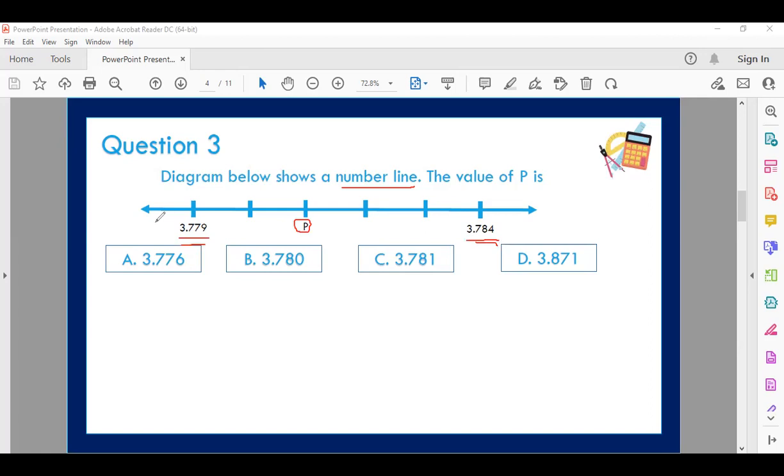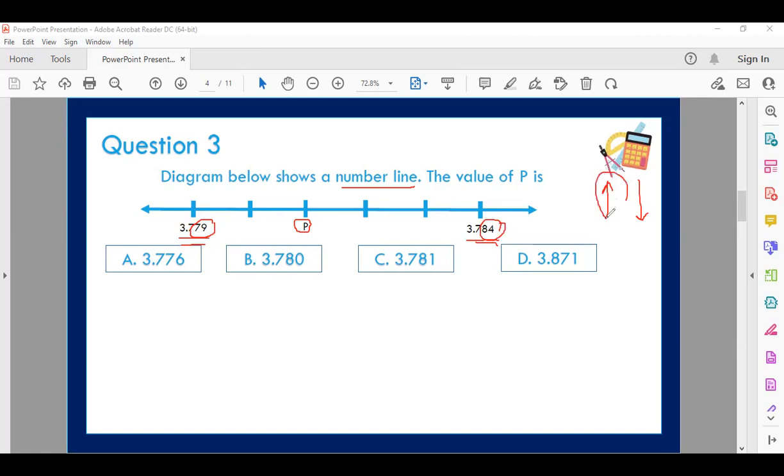3.784. Now, when we have number lines, we always must ask 2 questions. Number 1, is it going up or is it coming down? Is it ascending or is it descending? In this case, 3 is the same, 0.7 is the same, then you see 79 becoming 84. This is the change that's happening.